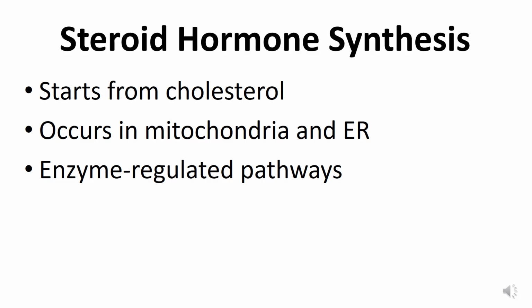This shows how closely connected these pathways really are. Steroid hormone synthesis is also highly responsive to the body's needs. Hormone production can increase during stress, puberty, pregnancy, or illness. The endocrine system constantly adjusts hormone levels to maintain balance.